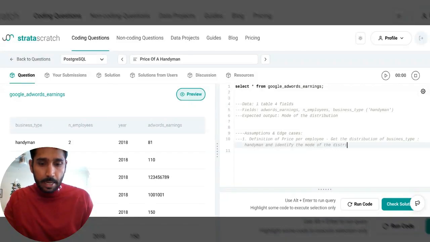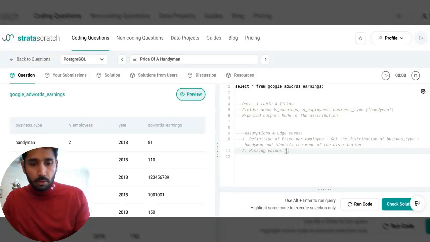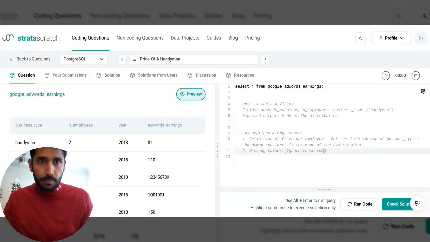This is my understanding, and I would definitely cross check with the interviewer if that's what's expected from this question. Null values or missing values, that's another thing I want to check. Missing values, I am going to remove those rows, ignore those rows for this criteria. So that's pretty much all I have for now.